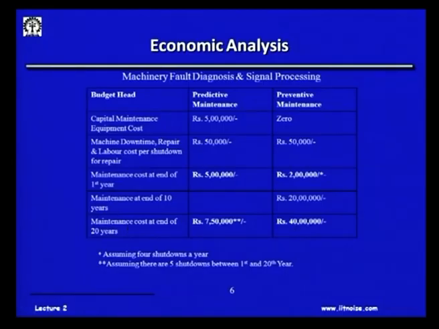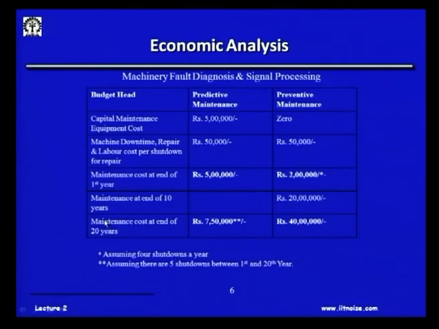Okay. And then, because I am doing predictive maintenance, I am not doing maintenance on a regular schedule. I am only doing maintenance as and when the signal indicators let me know that this machine requires maintenance.